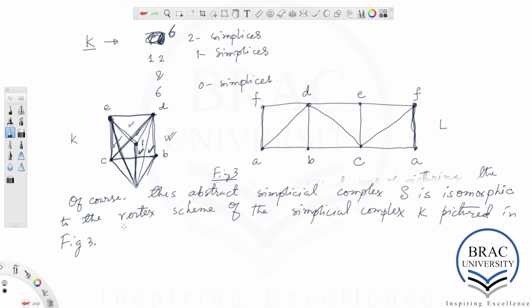All right. Now let us denote by F the corresponding map between the vertex sets.